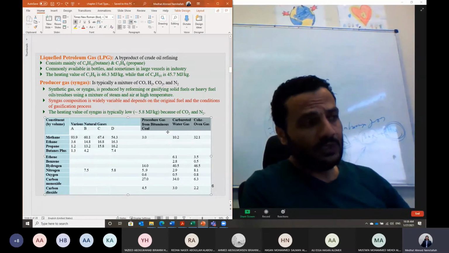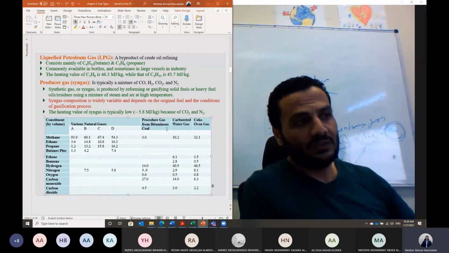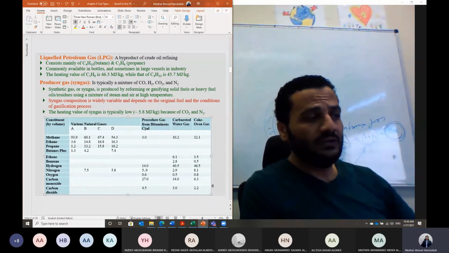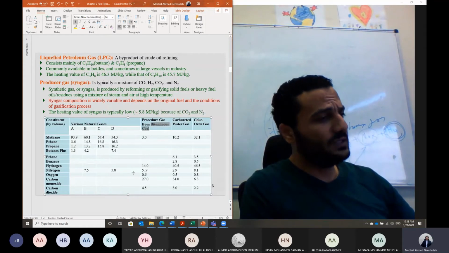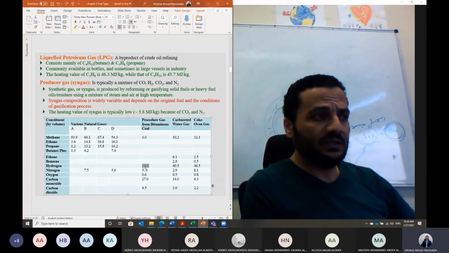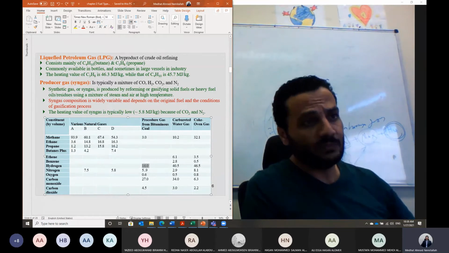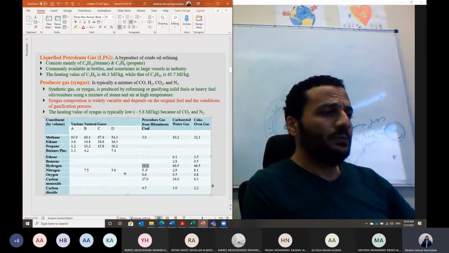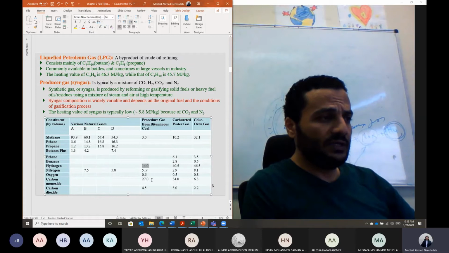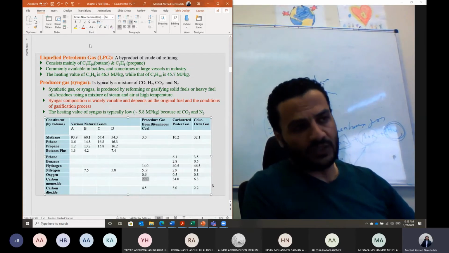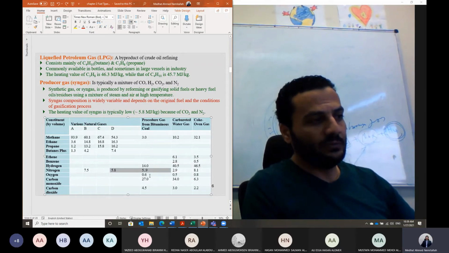But most probably we have this conversion process to synthetic gas from coal. We have different kinds of coal. From bituminous coal, this will be the concentration of the synthetic gas produced from this process, steam reforming. It will be 14% hydrogen and 27% carbon monoxide, and some other impurities.